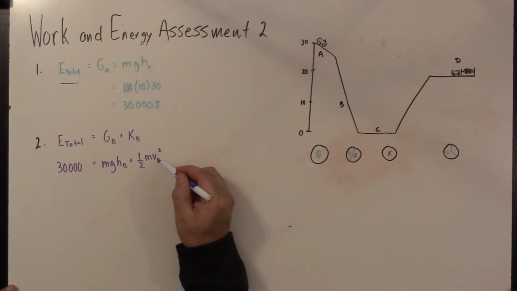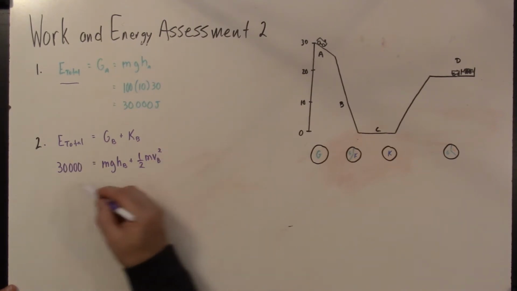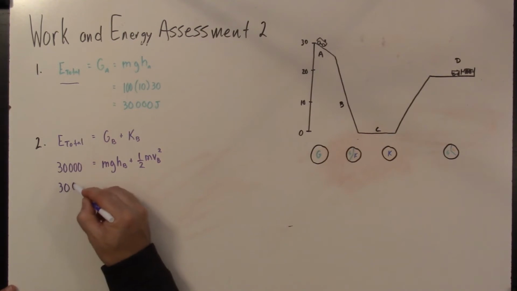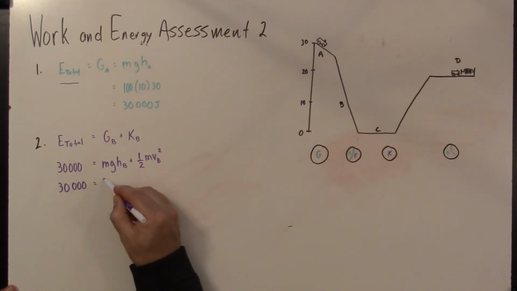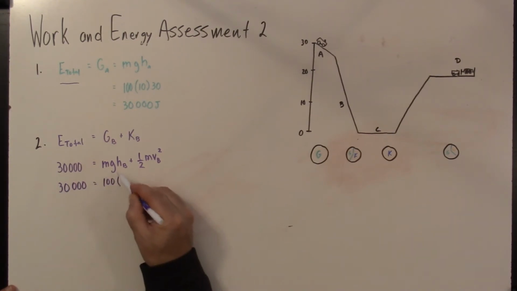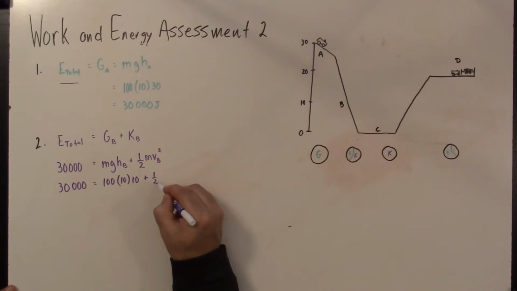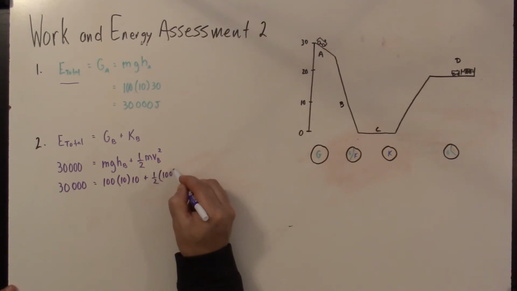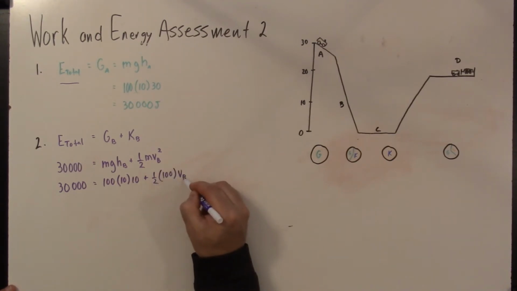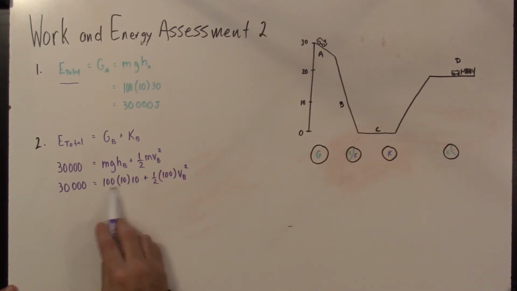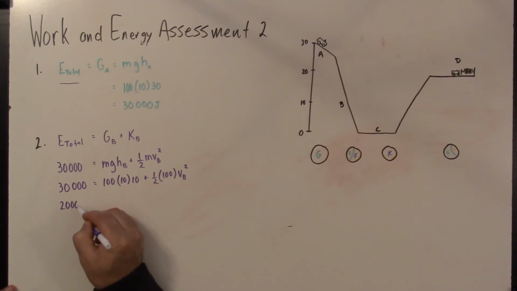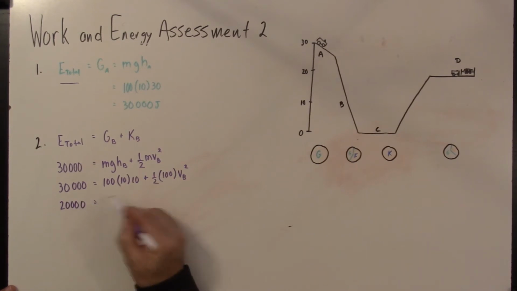We're trying to solve for the speed at B. So if I plug and chug this bad boy, the mass is 100, gravitational field strength is 10, the height is 10, plus 1/2 times 100 times v at B squared. This is 30,000, this is 10,000, so this is 20,000. Half of 100 is 50.